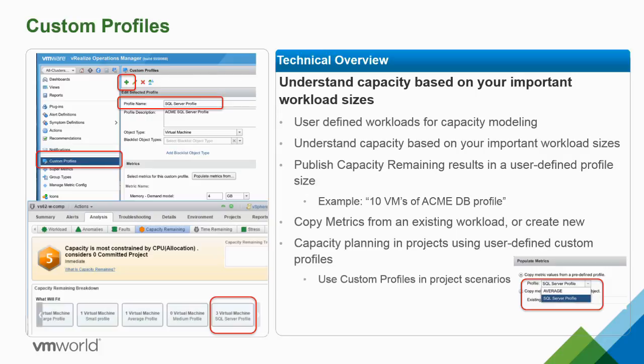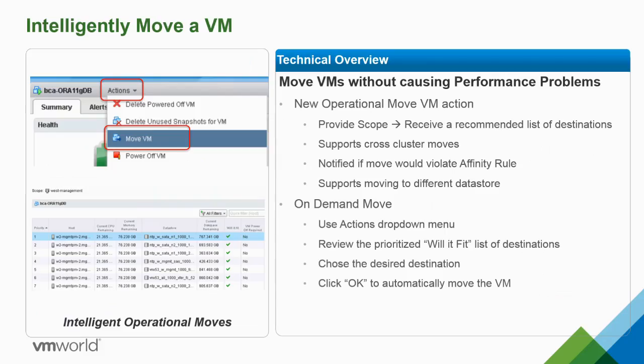So why don't I just use the drop down and select my Oracle VM profile? So it knows exactly what your requirements are for an Oracle VM. It'll plot that and show you what the capacity modeling simulation results are. Okay, so you see that right away.